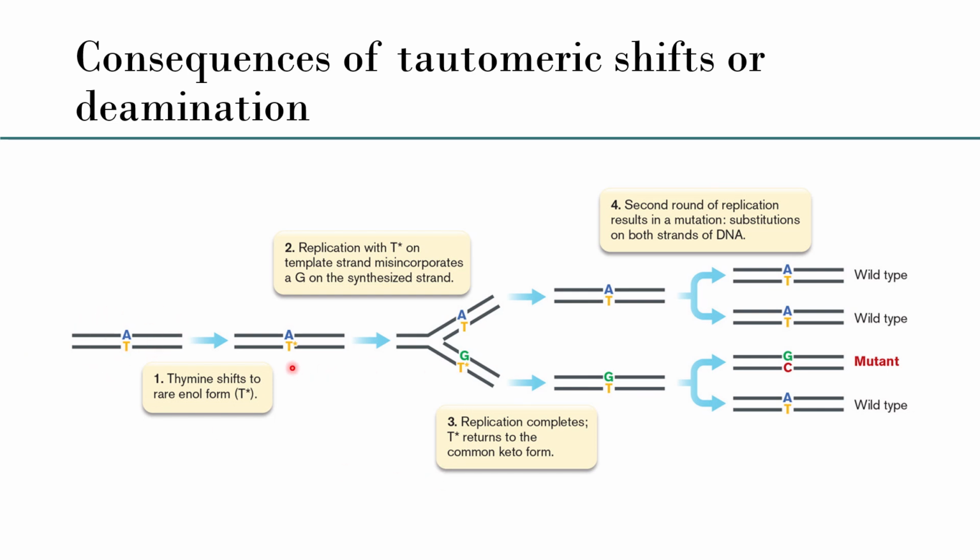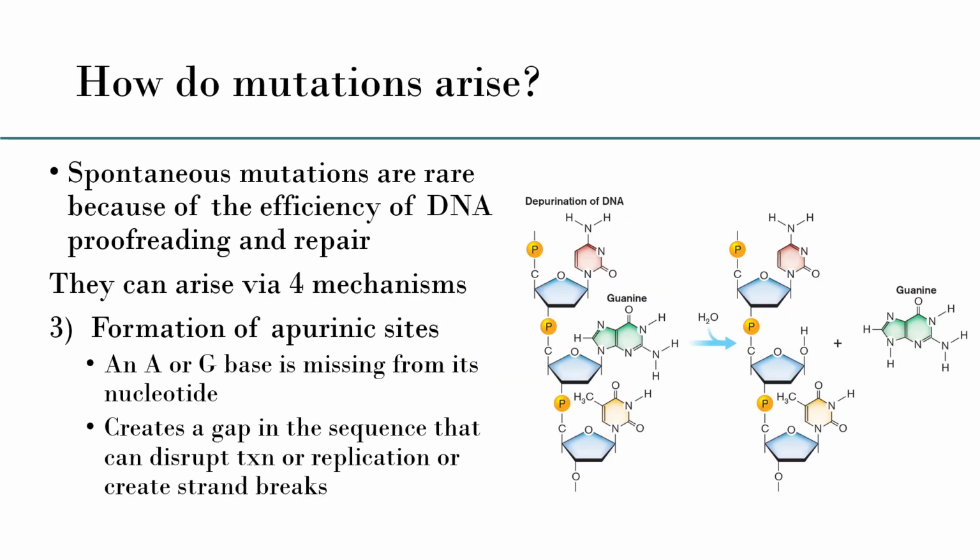But then in the bottom strand where we had that shift with our thymine, the thymine is now going to accidentally pair with a guanine. And that alone creates a problem. But then when we look at the consequences of when we mutate that, one will still produce the wild type shape from the T, but the other now has a G. So we've converted an AT in the sequence to a CG in the sequence.